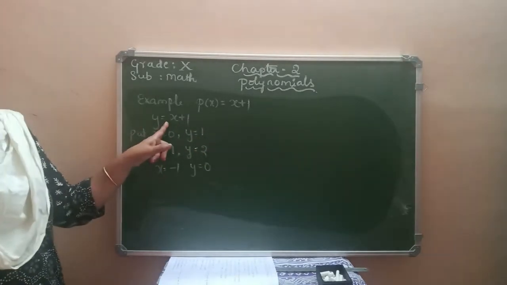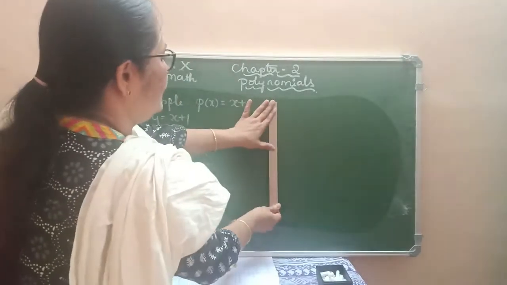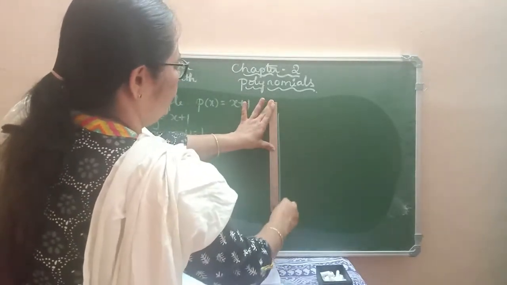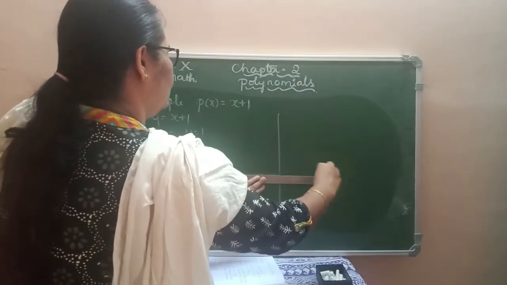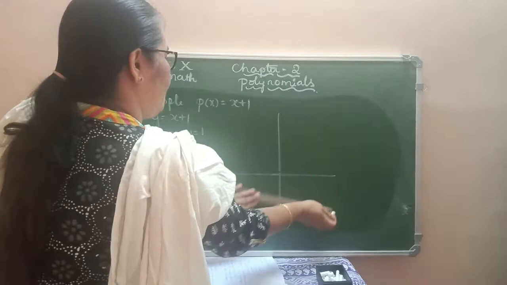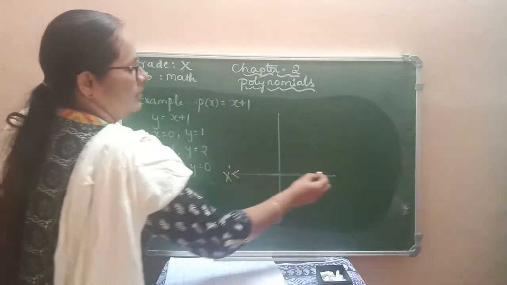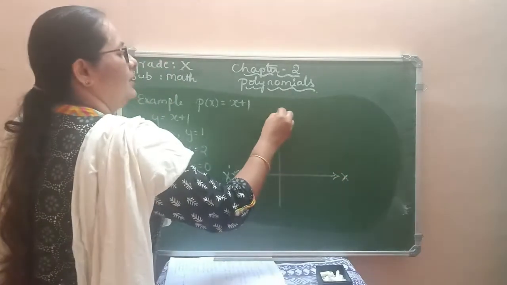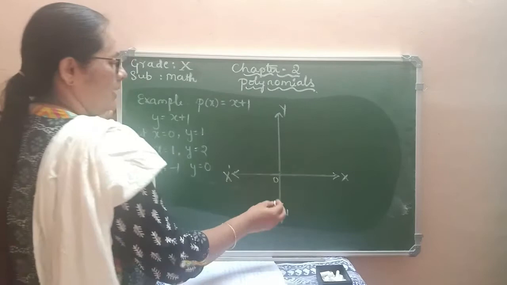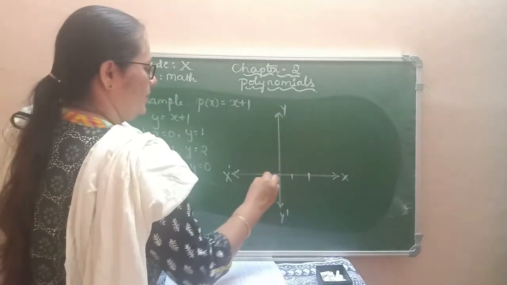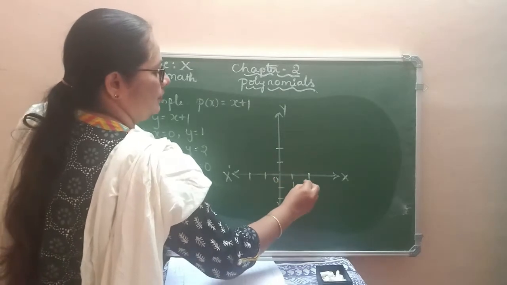Now we plot the graph for this linear polynomial. Draw the horizontal line x-axis and the vertical line y-axis, marking 1, 2, minus 1, minus 2 on each.